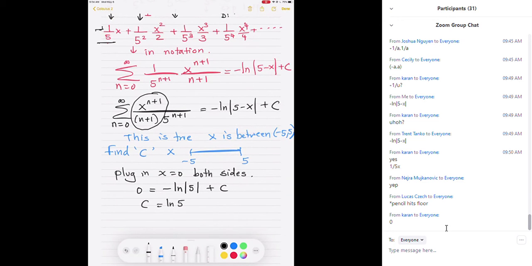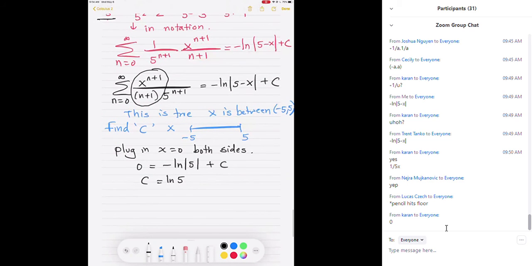So I'm ready to write it. Let me write it in a nicer way: the summation from n equals 0 to infinity of 1 over 5 to the n plus 1 (and so on) equals negative ln of 5 minus x plus ln 5.